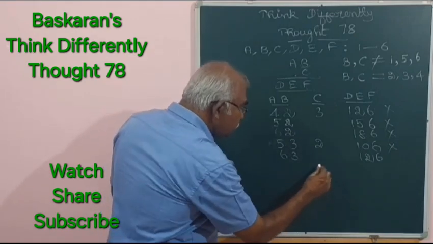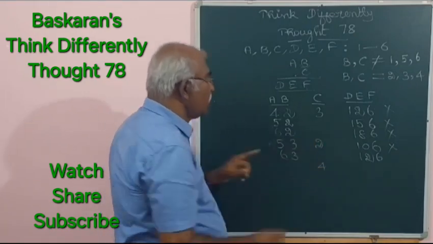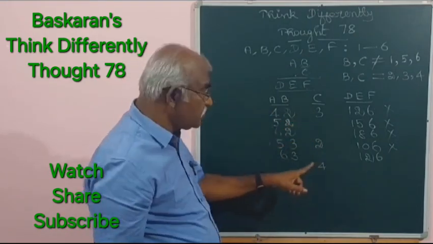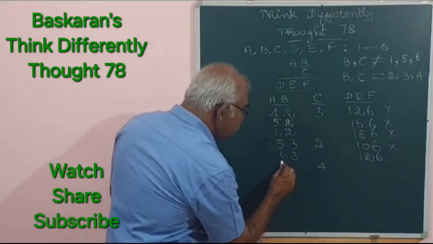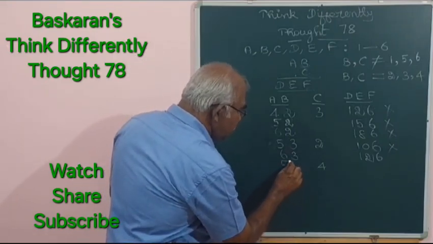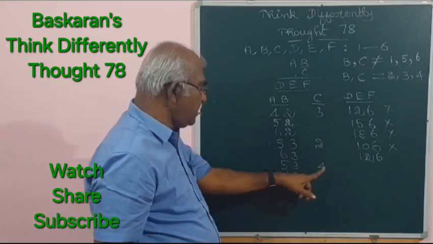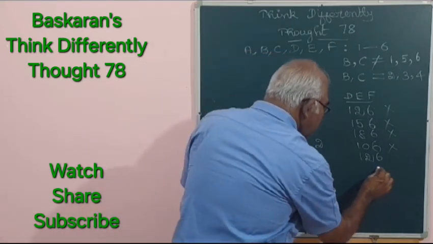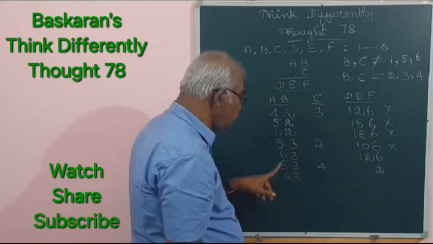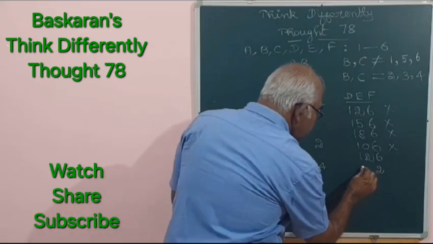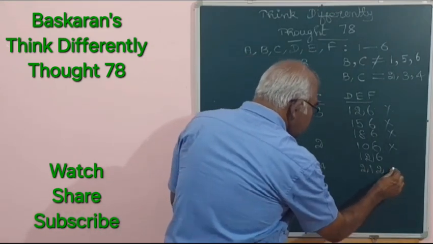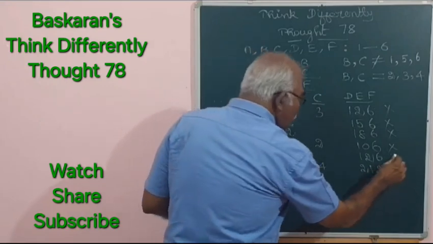Now we go for 4. B is 3, C is 4. We can have 53, 63. When you multiply by 4, 4 3s are 12. You have carry 1. 4 5s are 20. You get 21. 2 comes twice. So ruled out.